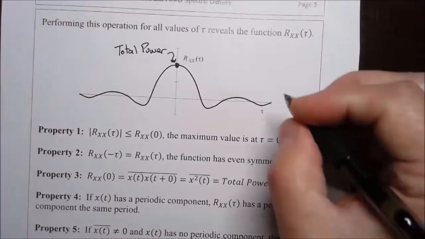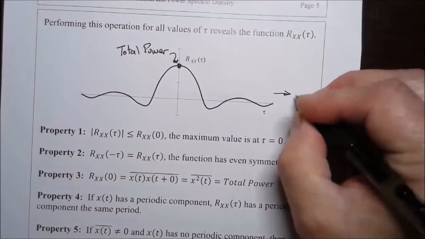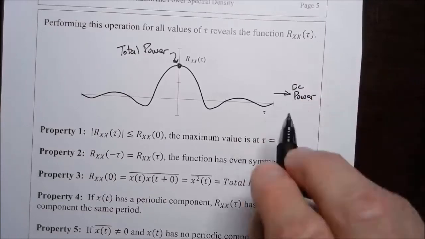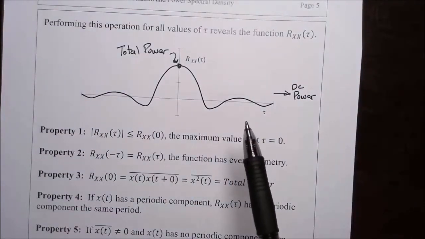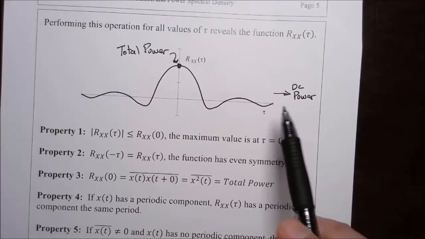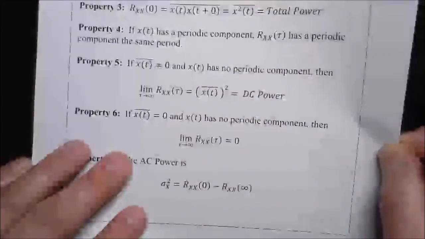So the DC power can also be read from the autocorrelation. It looks like in this case it's going to have a DC average power of 0, but it's possible that it could be something else.